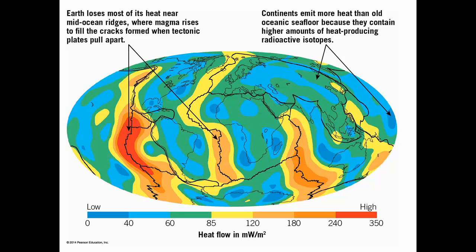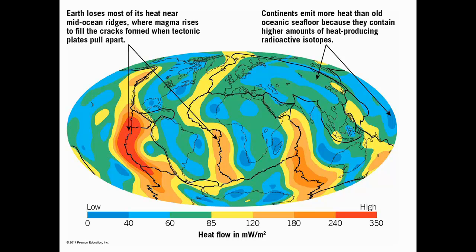We can actually measure heat that's being brought up to the surface using special instruments, and what is found is that Earth loses most of its heat near mid-ocean ridges, where magma rises to fill the gaps formed as tectonic plates spread apart.